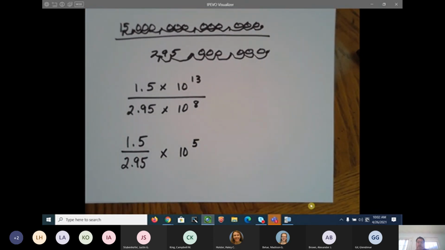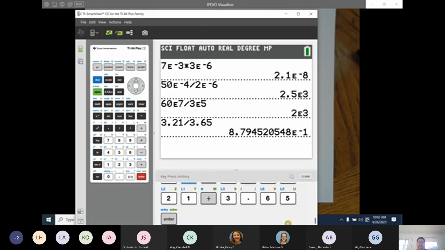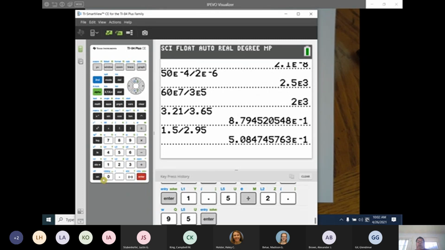And let's take our handy dandy calculator. 1.5 divided by 2.95. So that's going to be, let's see, it's going to be one place to the left. Well, that's in scientific.